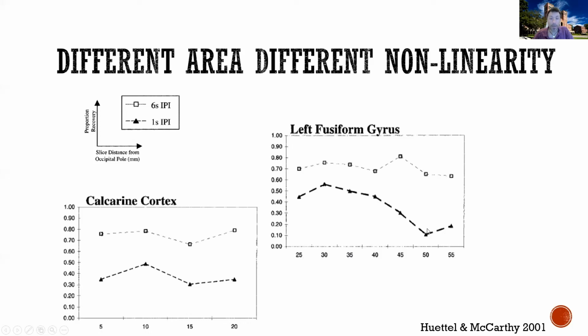By the time you are 50 millimeters away from the back of the head, if you put trials 1 second apart, you're actually only getting about 10% of the magnitude of the response that you would get if you had individual trials that were at least 8 to 10 seconds away from each other. So different parts of the brain do have different amounts of nonlinearity.